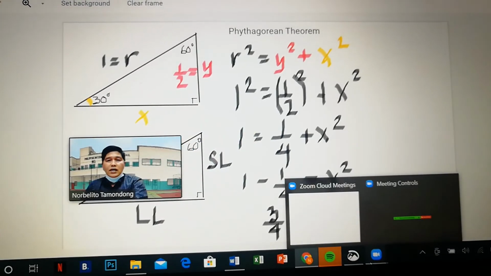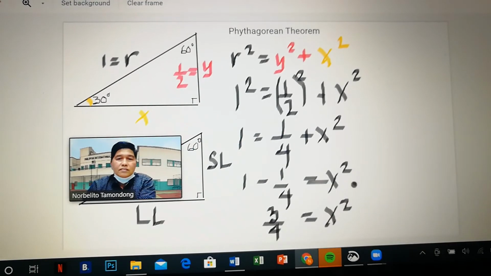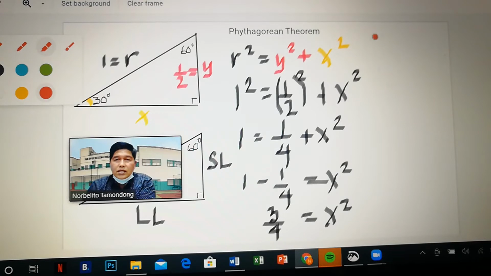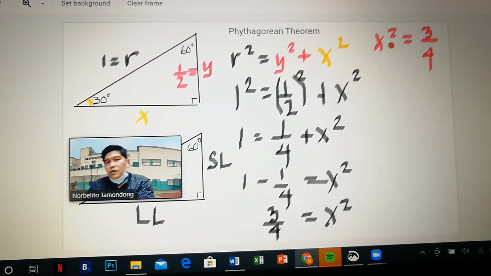So to find x, x squared is equal to 3/4. Let's rewrite. So if you square the left side, or simply get the square root of the left side, then the square root of x squared is equal to x.